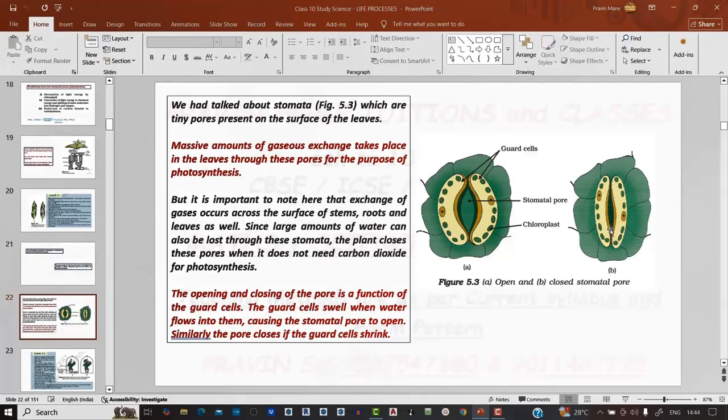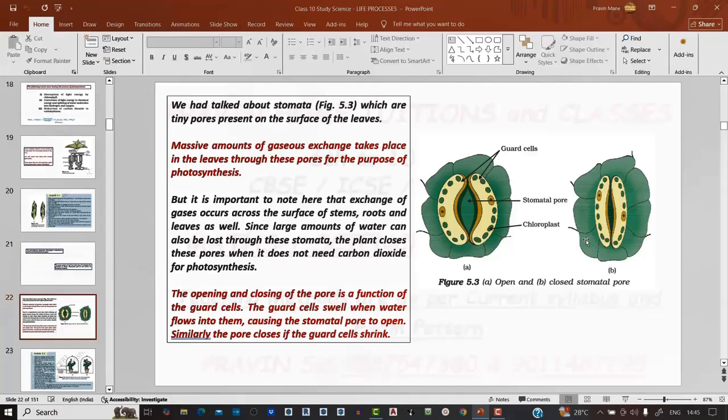Here the stomatal pore is in closed condition. When the stomatal pore is open, there is high exchange of gases in the plant. This is the closed condition. When stomatal pores are closed, no gaseous exchange occurs through the stomata.